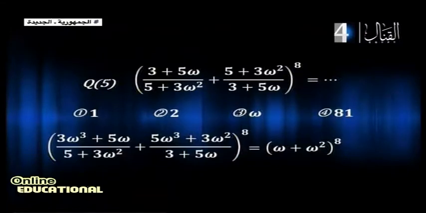Then we deduce that the left hand side equals (omega plus omega square) to the power 8. What is the value of omega plus omega square? It equals negative 1. Negative 1 power 8 equals 1. Then the correct answer is 1.